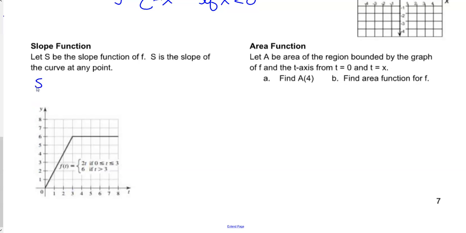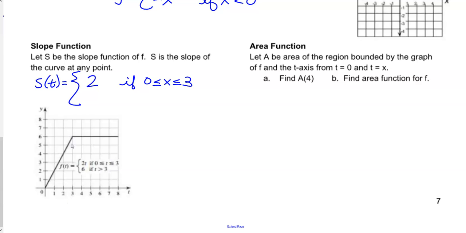So if I'm looking at a slope function, we'll call it s of t, since we're in a t value, from 0 to 3, I'm going to symbolize that as: if 0 is less than or equal to t, which is less than or equal to 3, the slope from this line to here is always going to be 2. Notice here I go up 2 over 1, up 2 over 1, up 2 over 1. So the slope is 2 if we're between 0 and 3.